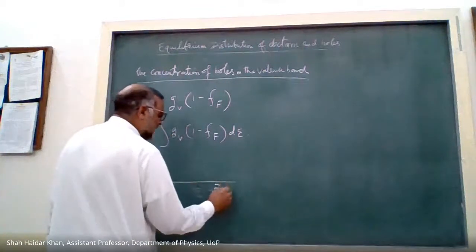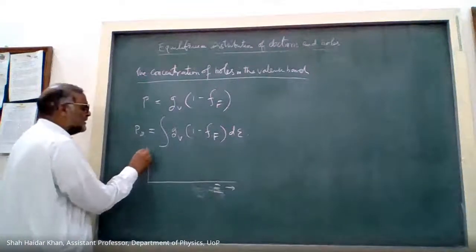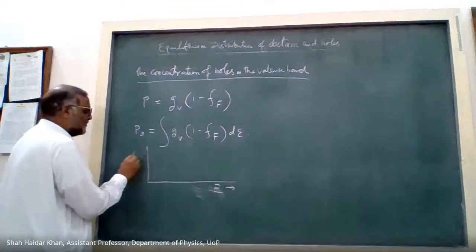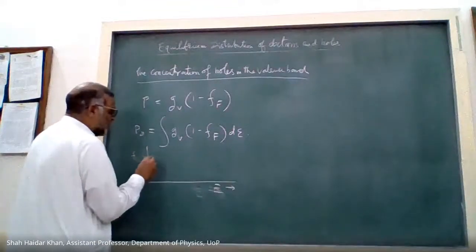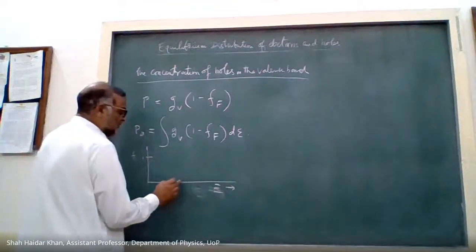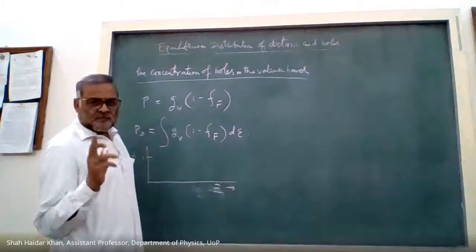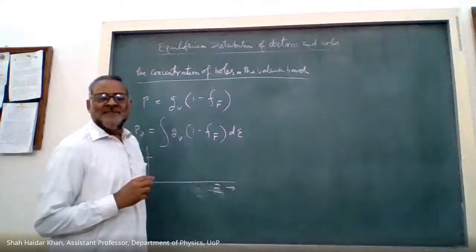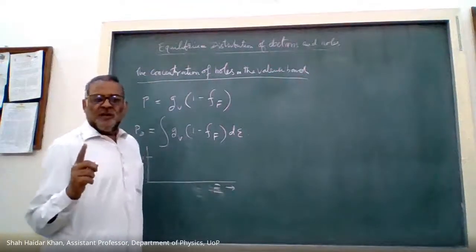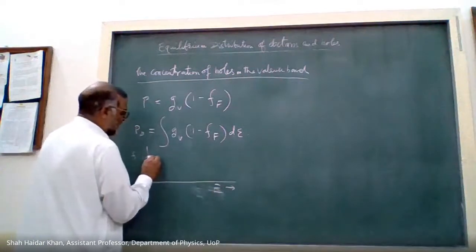If that is energy, and that is the probability of occupation, right? It was 1 until the Fermi energy at 0. And at any temperature, the probability of occupation at the Fermi energy was half. So there was a curve like this.